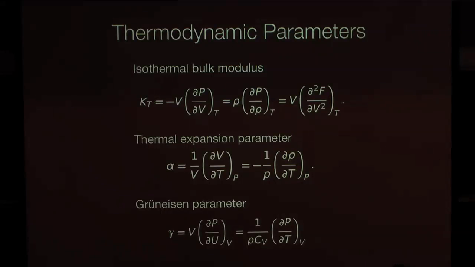In fact, you can see almost 20 different names of the Grüneisen parameter: a mode Grüneisen parameter, thermodynamic Grüneisen parameter, elastic Grüneisen parameter, stuff like that. So don't worry. It boils down to this definition, to me at least.